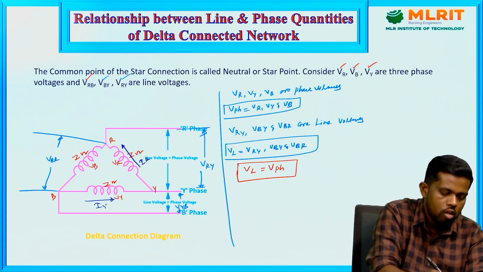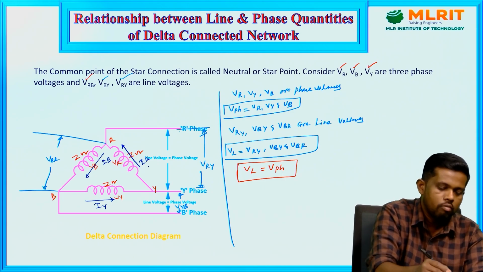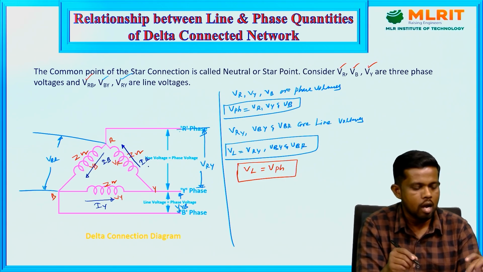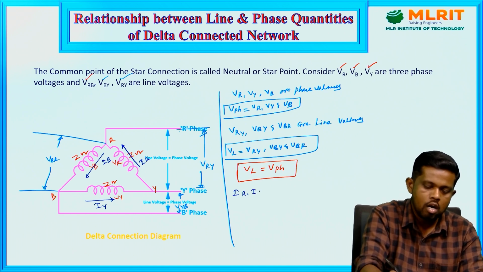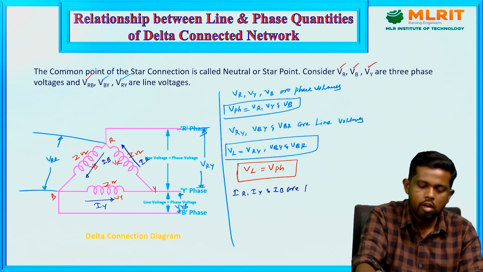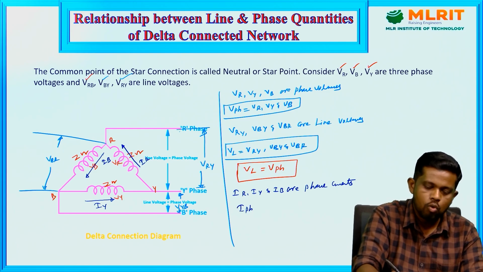Then this current is IB. So IR, IY, and IB are the phase currents. We write I phase equal to IR, IY, IB. These are the phase currents of the network.